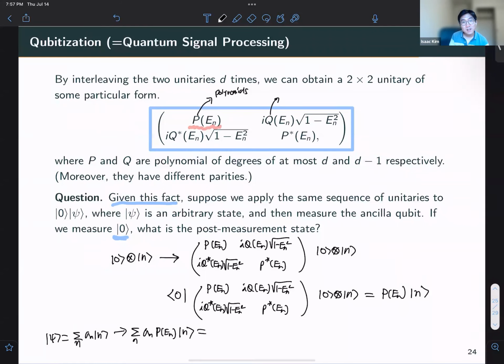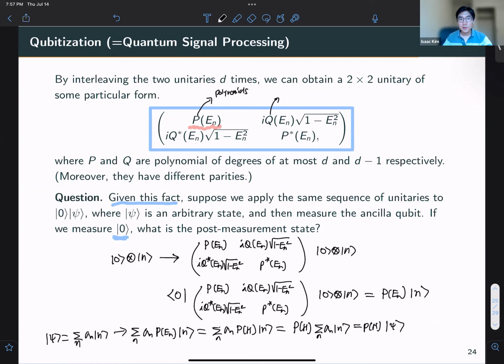And the thing is, P is a polynomial. And therefore, this is exactly equal to P of H applied to |n>. And of course, we can pull out this P of H to get that, which is P of H applied to an arbitrary quantum state psi.